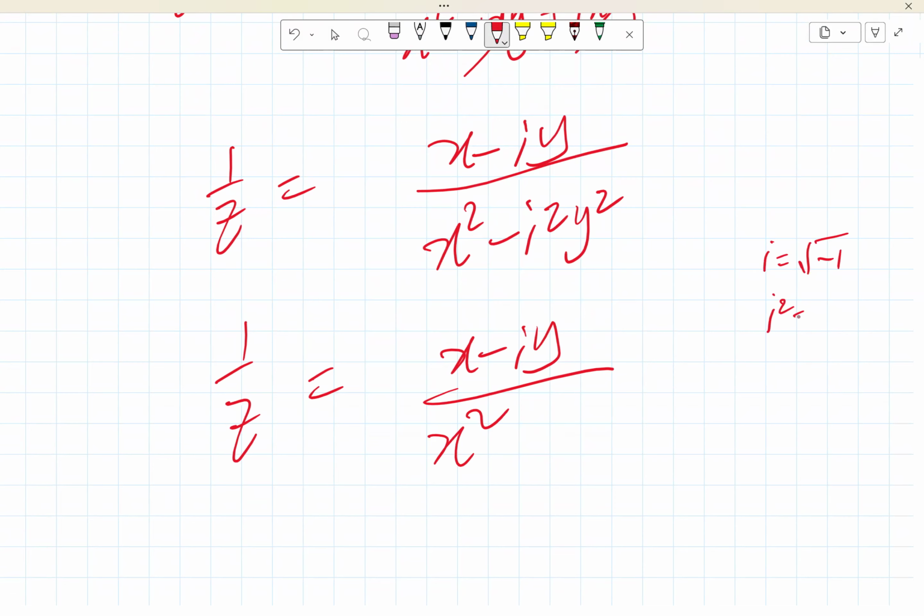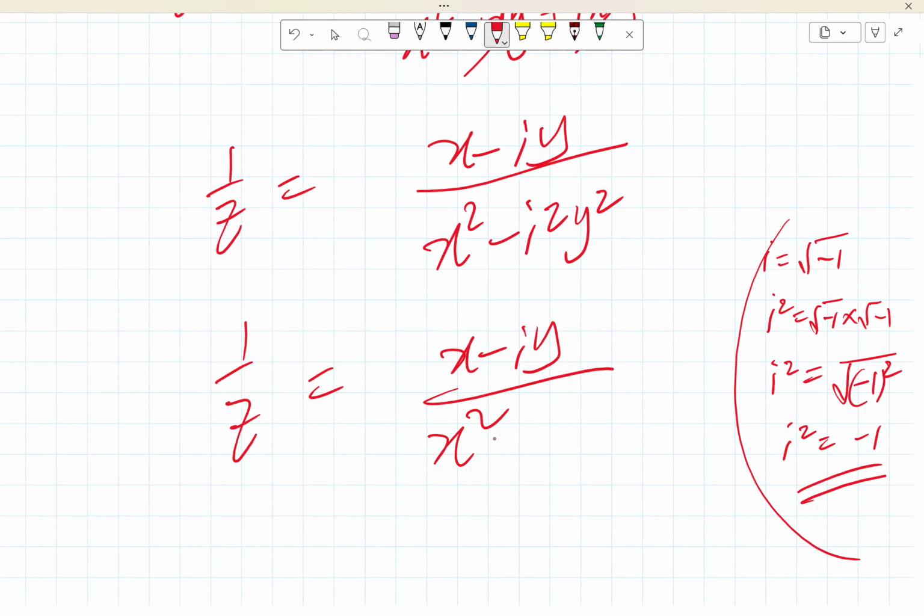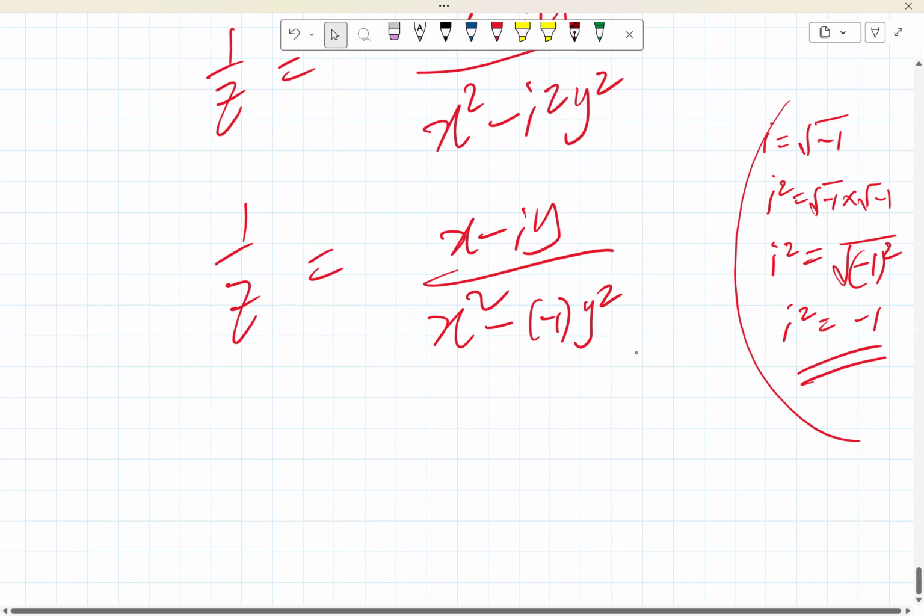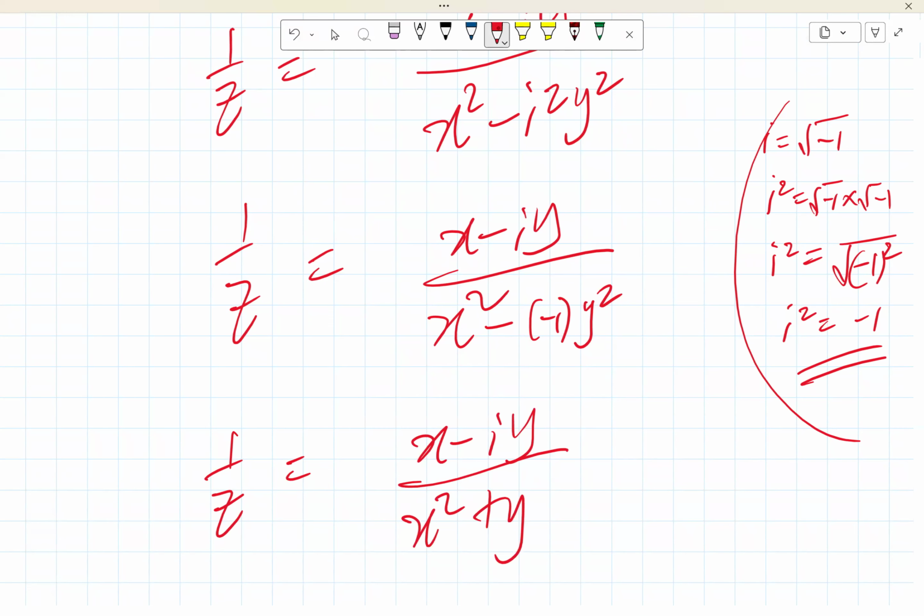So i squared is square root of minus 1 times square root of minus 1, which is simply minus 1. So this is minus into minus 1 y squared, so that 1 over z then becomes x minus iy all over x squared plus y squared.